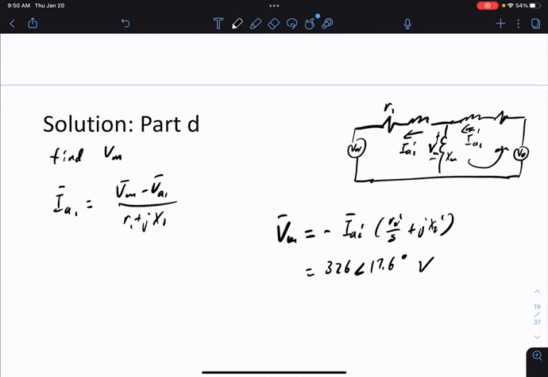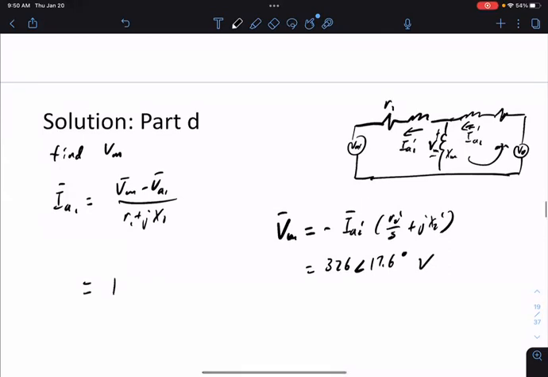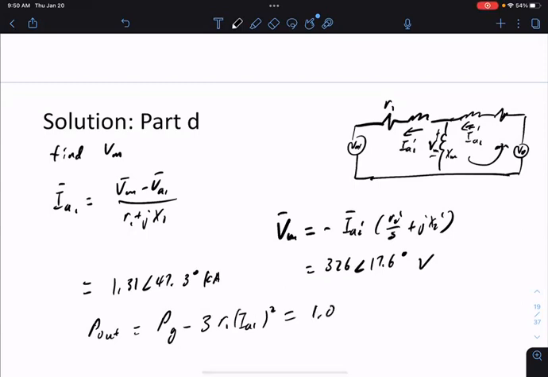Then IA1, using this equation, plugging everything in, we got 1.31 angle 47.3 degrees kiloamps. And then the power output is the air gap power minus 3 R1 IA1 squared, and this becomes 1.085 megawatts.